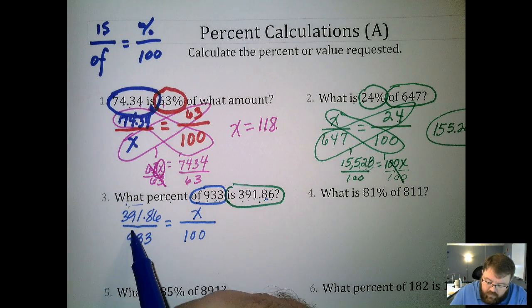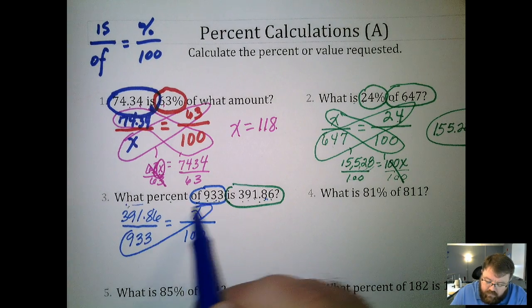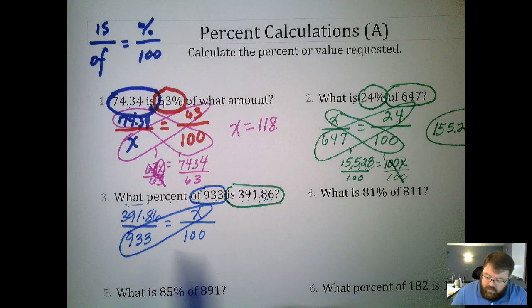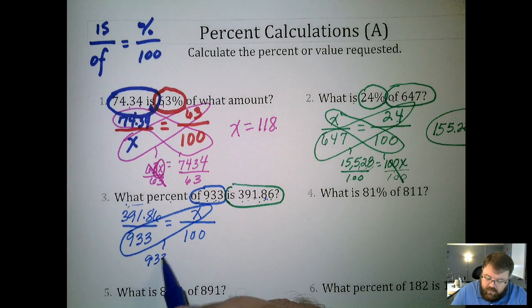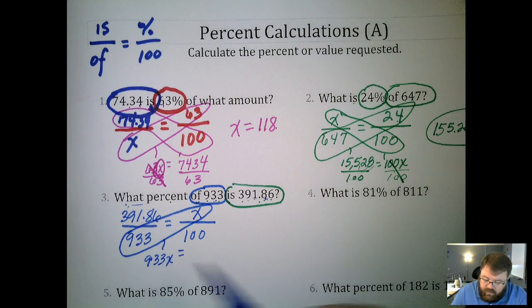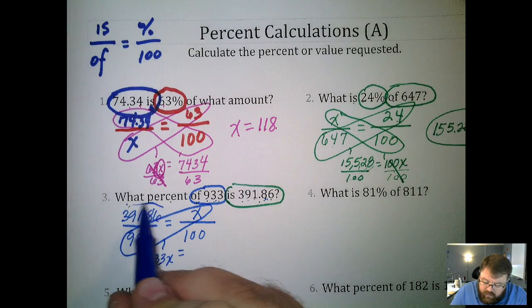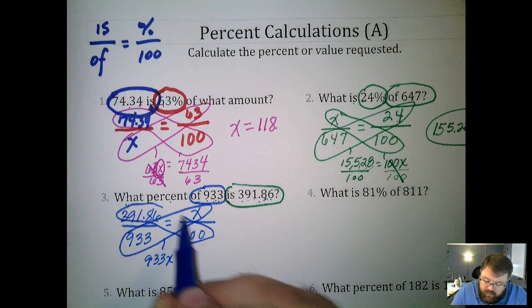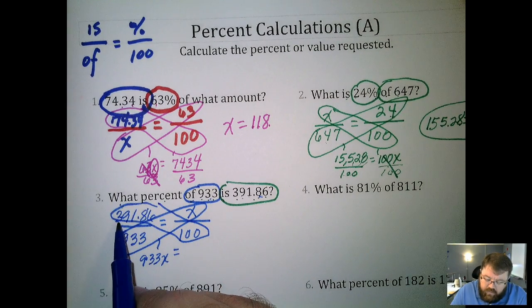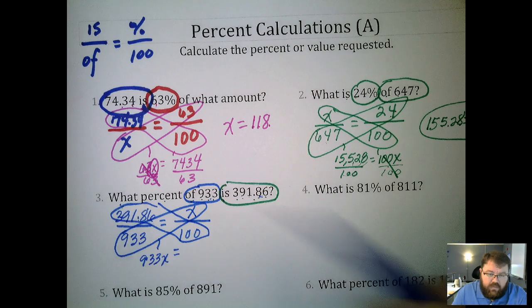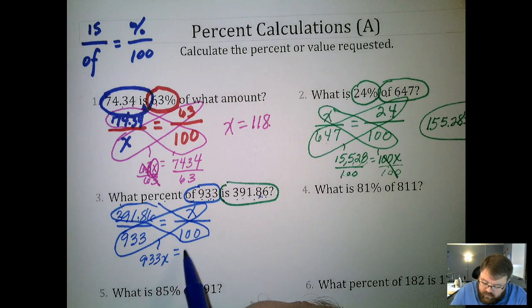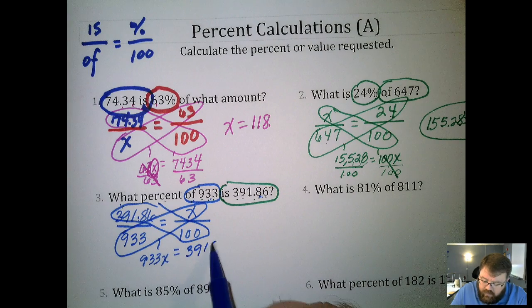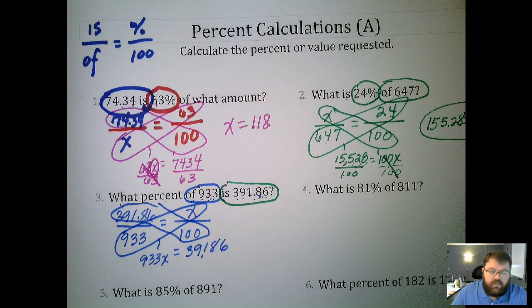Now I'm going to do cross products. 933 times x is 933. x is equal to 100 times 391 and 86 is 39186.